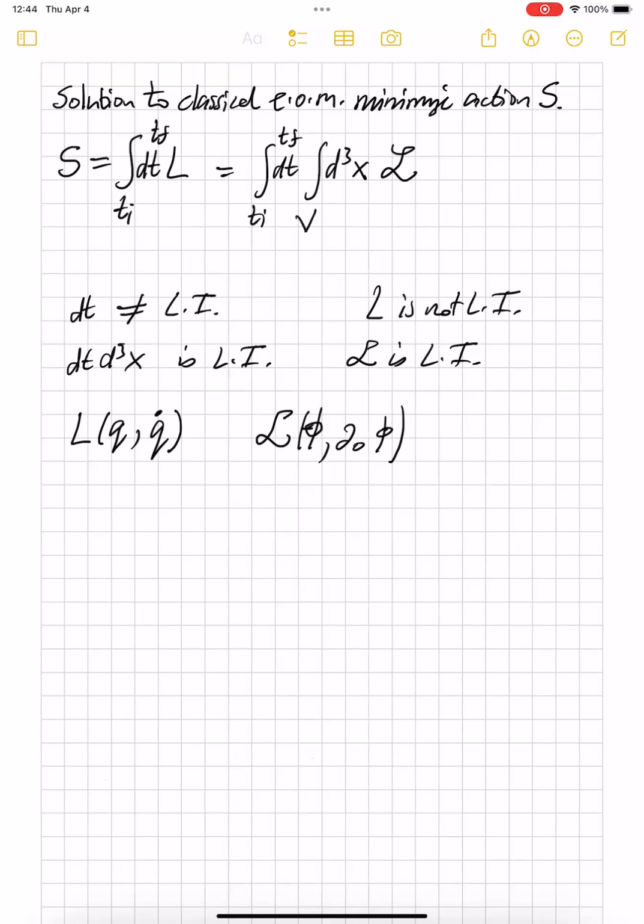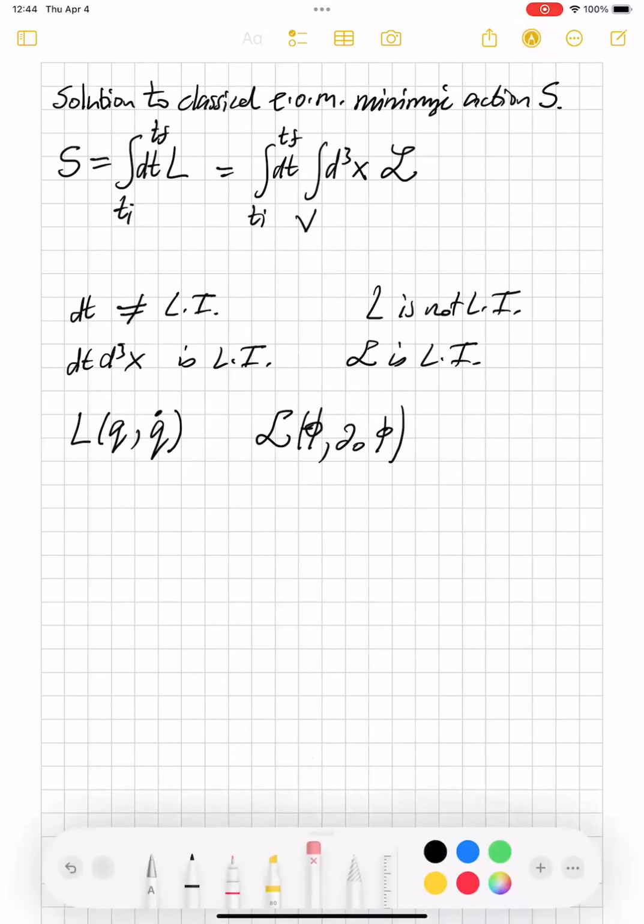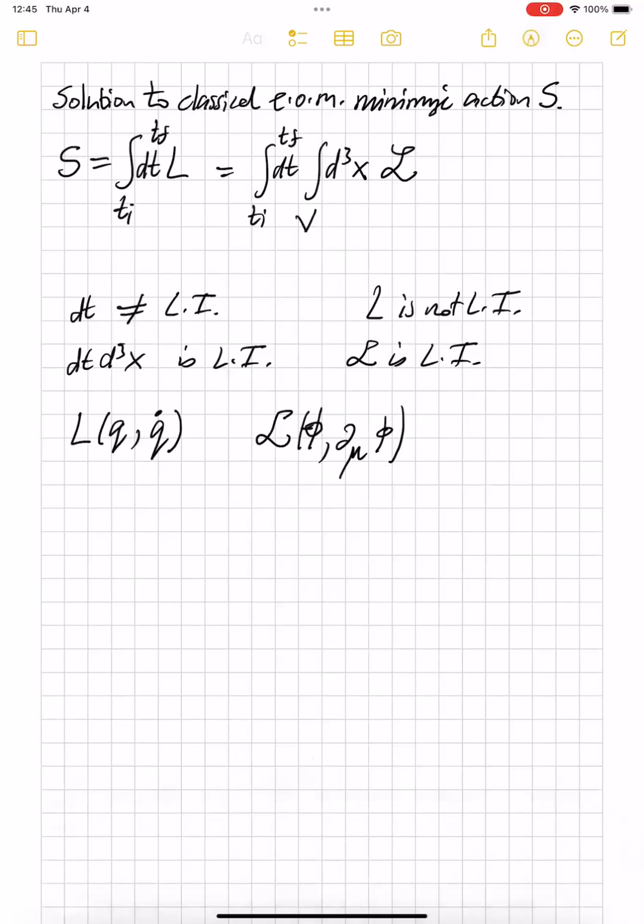Even if in my frame things only depended on d naught phi, if I was to boost to your frame, d naught phi is just a single component of a 4 vector, and this one component will mix with other components of the 4 vector. So in your frame, it would depend on d mu phi, all 4 components. With an eye to Lorentz invariance, we know that we should be writing things in terms of 4 vectors and not just a component of a 4 vector. So it is natural and correct to assume that the Lagrangian density depends on phi and d mu phi.